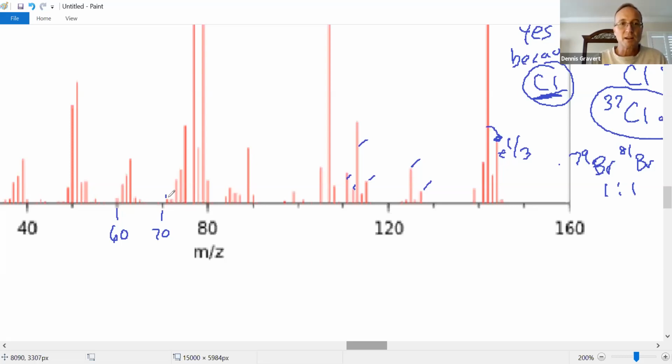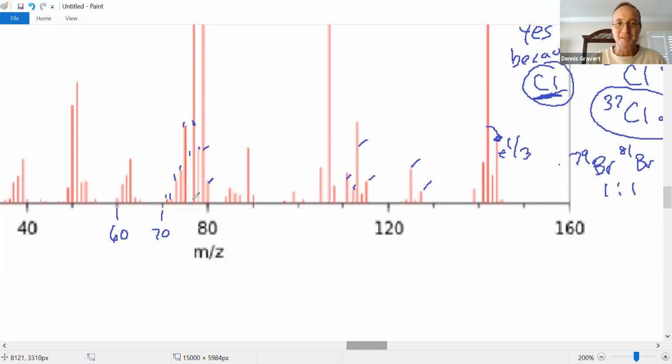So is this 71, 72, 73, 74, 75? Okay, that's a big gap. 76 should be in the middle, then 78. Did I count that right? 1, 2, 3, 4, 5, 6, 7, 8, 9, 80. Good. All right, pause the video, count it yourself, make sure I did it right.